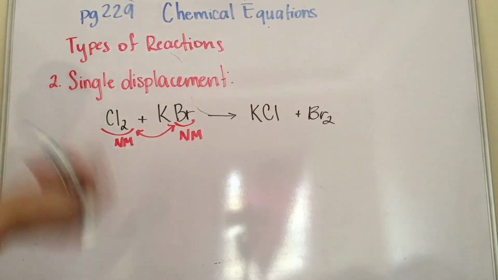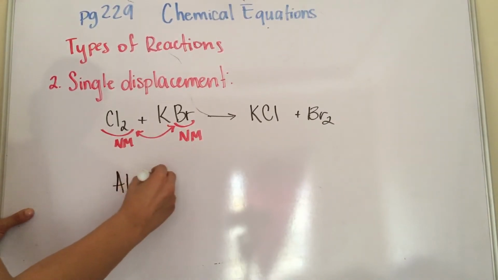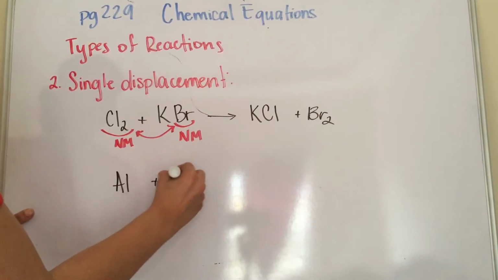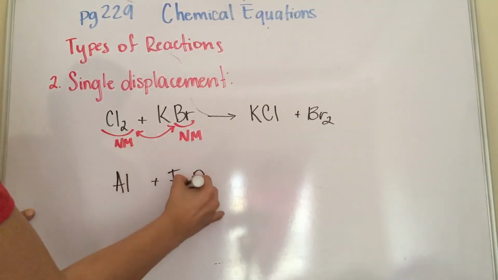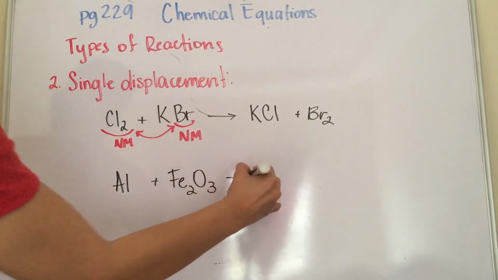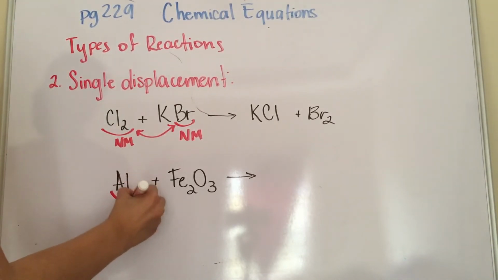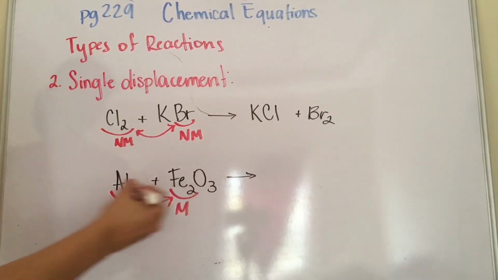Let's make an example with a metal. We have aluminum plus iron oxide, Fe2O3. In this case, we have a metal and another metal, so I'm just going to switch my metals.